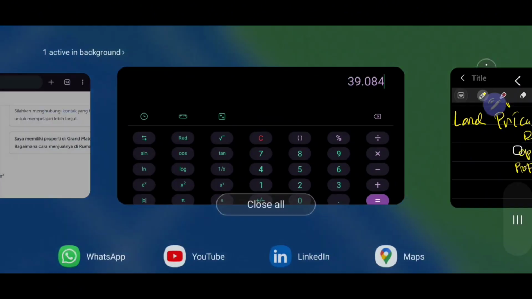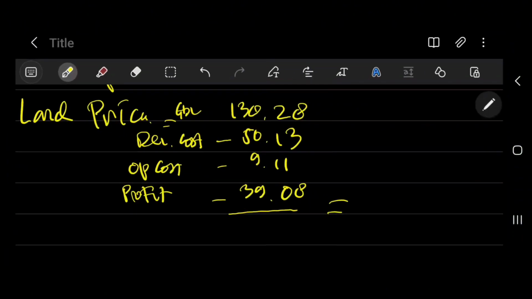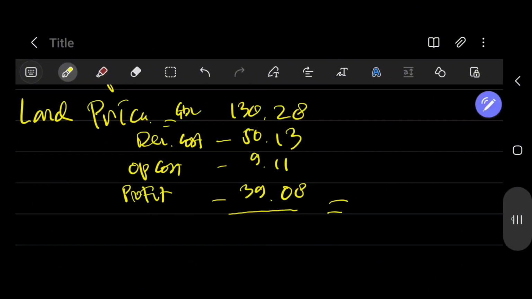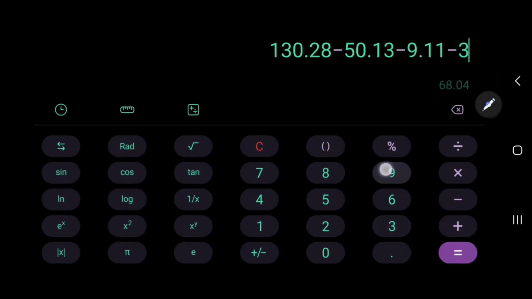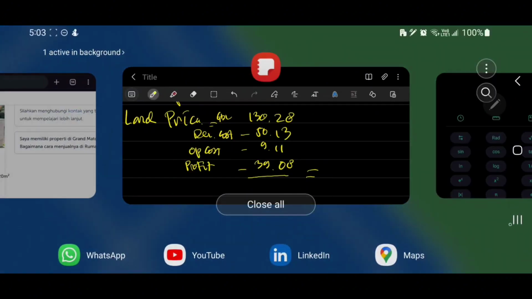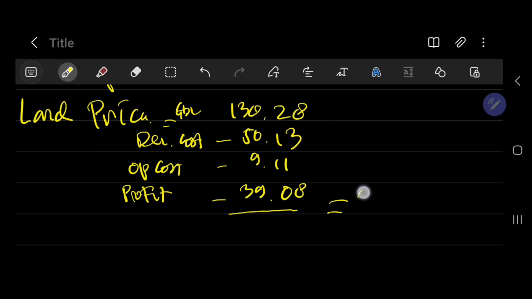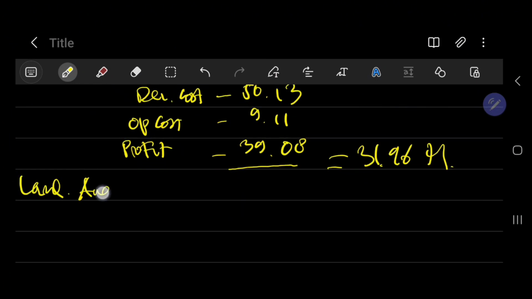Okay, so the total is, we subtract the 9.11, and we subtract the developer profit. So the total is 31.96 billion. So that's the land price.